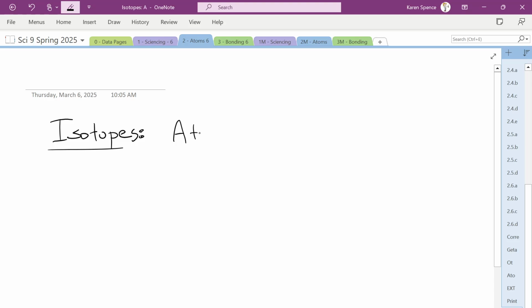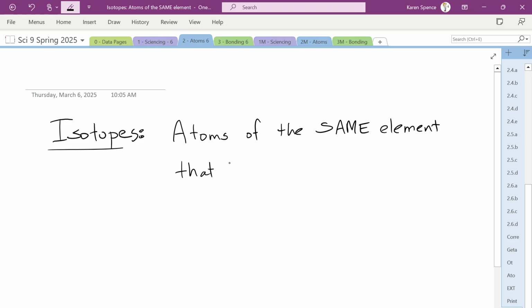Isotopes are atoms of the same element that have different numbers of... what's different about them? Tell your partner, what is different about different isotopes? There's 2 things.